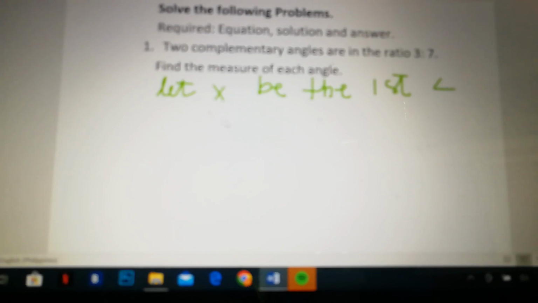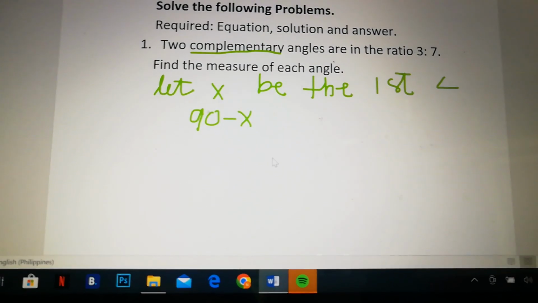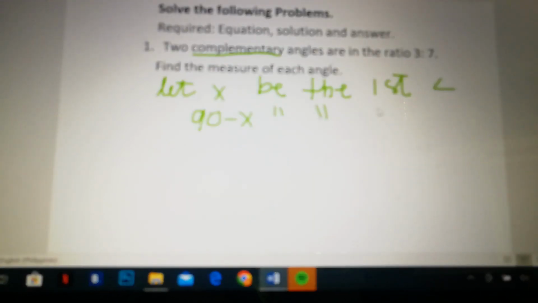Since this is complementary, what is the complement of x? The complement of x is 90 minus x. Two angles are complementary if the sum of their measures is 90 degrees.